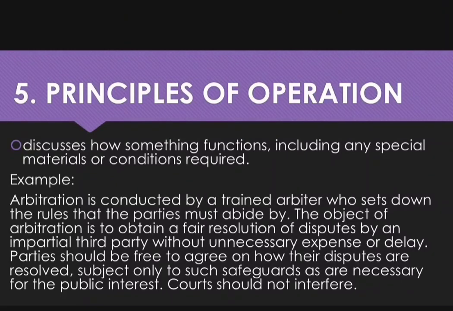Parties should be free to agree on how their disputes are resolved, subject only to such safeguards as are necessary for the public interest. Courts should not interfere. So this is how the definition of arbitration is expanded using the principles of operation, showing how it is done or how it functions.